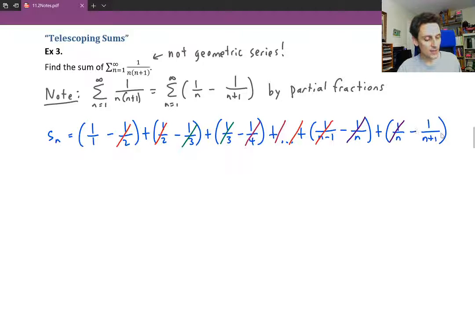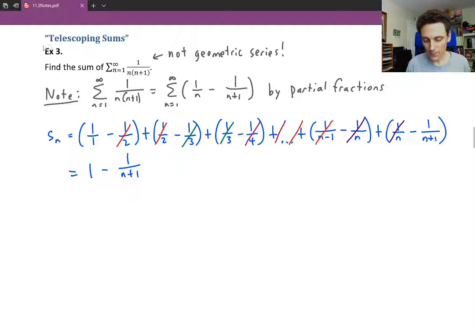Now there won't be anything to cancel off this negative 1 over n plus 1 because that would have to come from the next term. And there won't be anything to cancel off the 1 because that would have to come from the previous term, which there isn't any. So those are the only two things that are left. The whole rest of the partial sum degenerates into 1 minus 1 over n plus 1. So the whole partial sum collapses down into just 1 minus 1 over n plus 1.